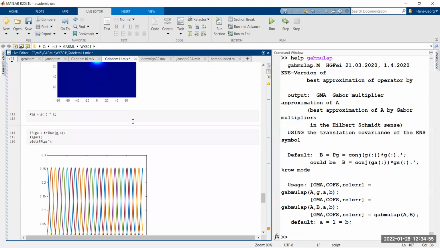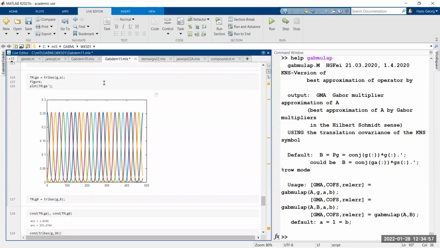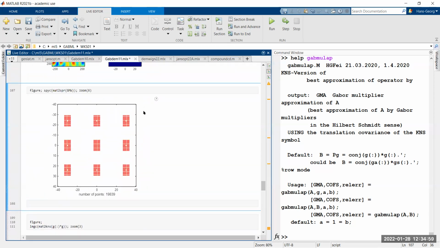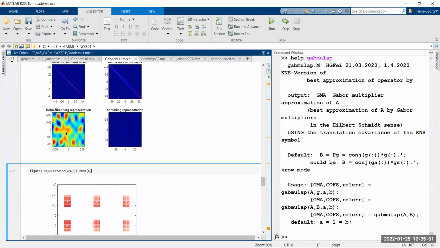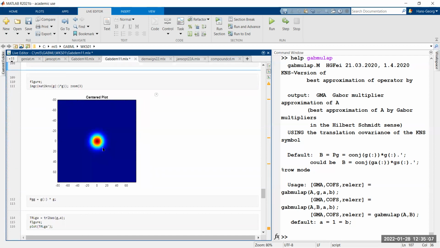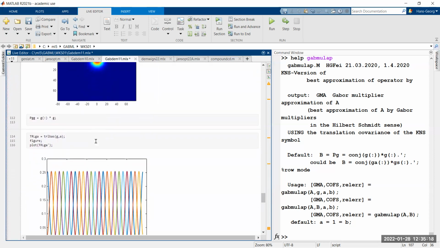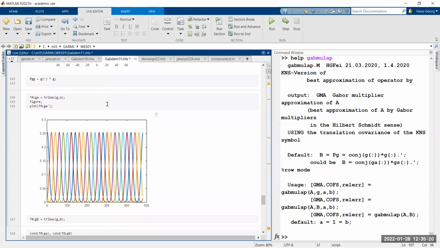Now I should go back and just tell you what the intuition is. We want to approximate an operator where you have a smooth Korn-Nirenberg symbol by shifted versions of this two-dimensional Gauss function. So you can imagine that with such bump functions, you can create a good approximation at the rough scale, but not at the fine scale. Now I do the same thing in 1D.